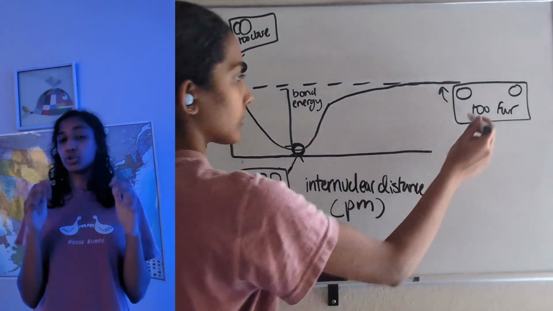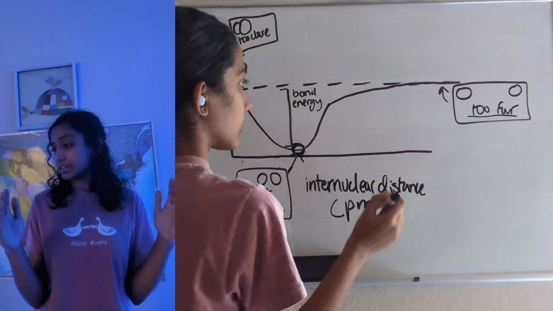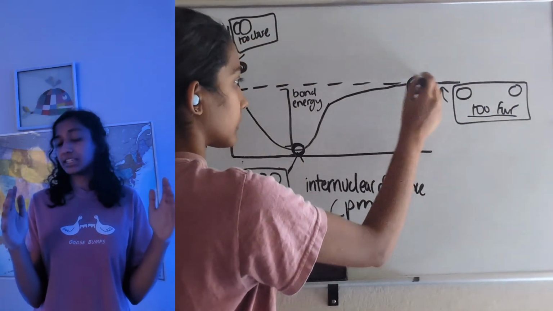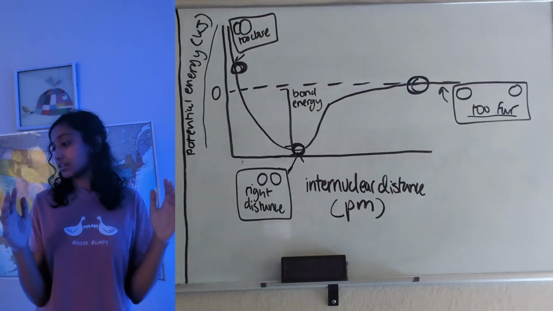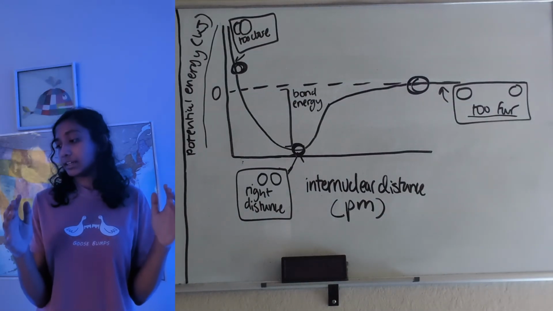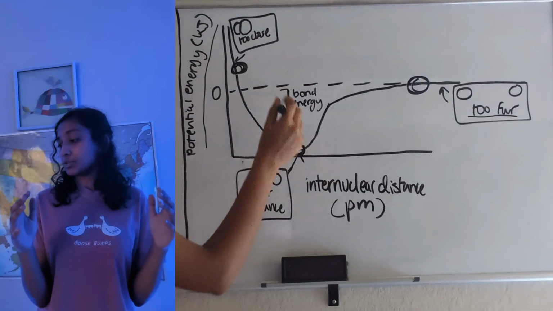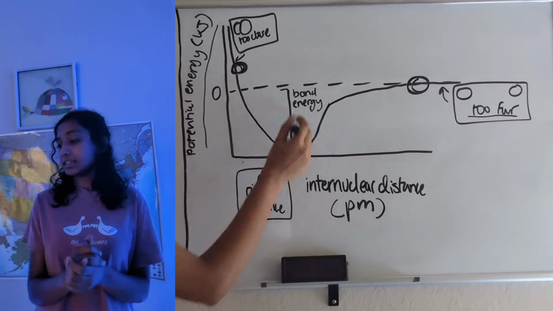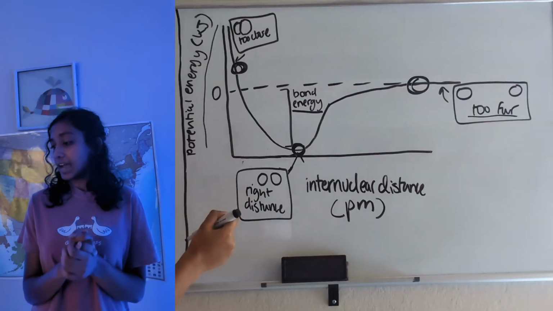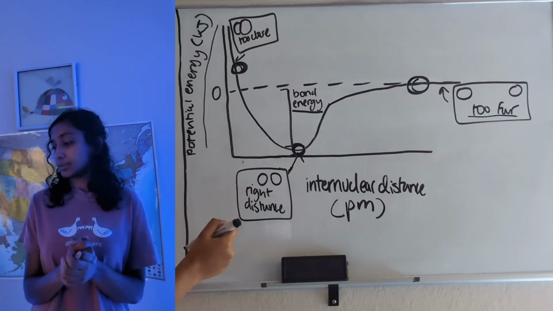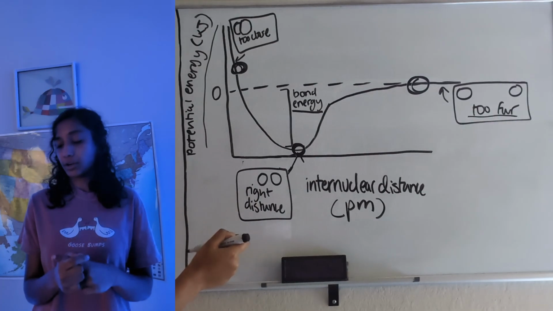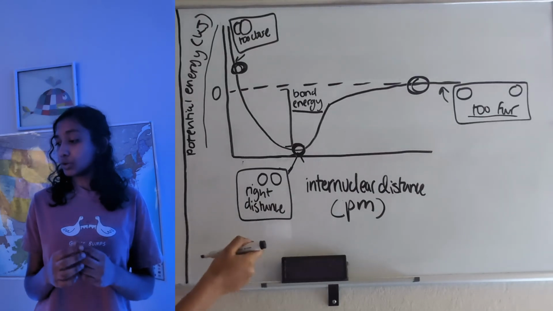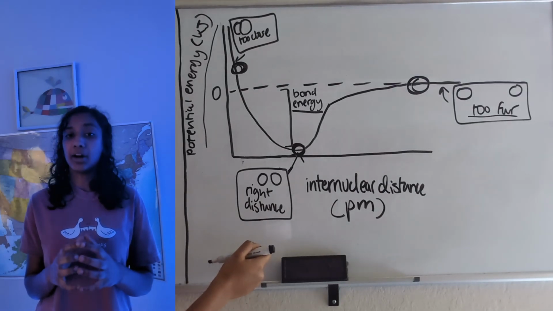And when the atoms are too far apart from each other to bond, their potential energy is zero, since there's no attractive forces between the molecules. The distance over here between the potential energy where the bond is formed to zero is the bond energy, which is the energy required to break the bonds between 1 mole of a covalent molecule. And the shorter the bond, the higher the bond energy.